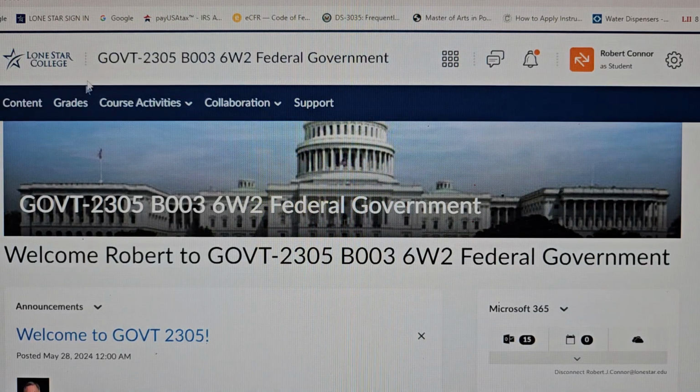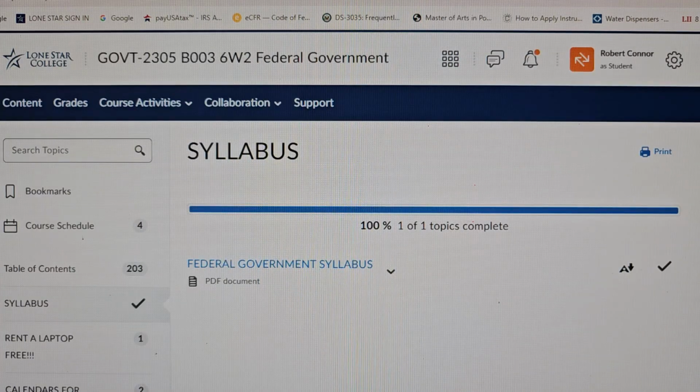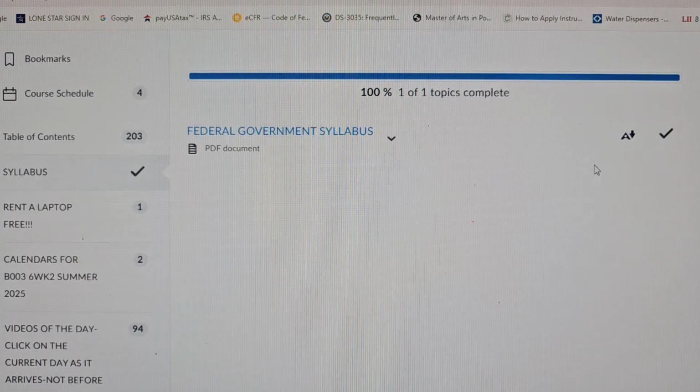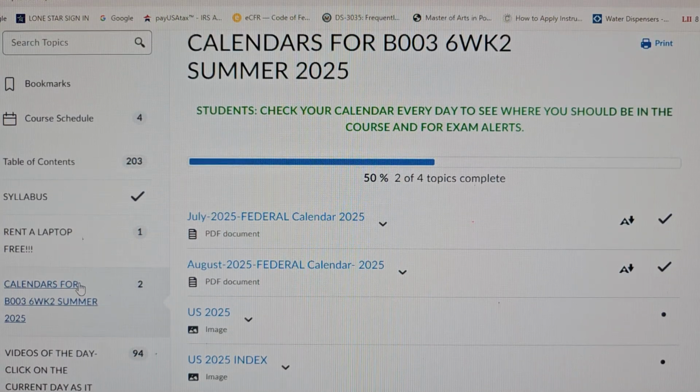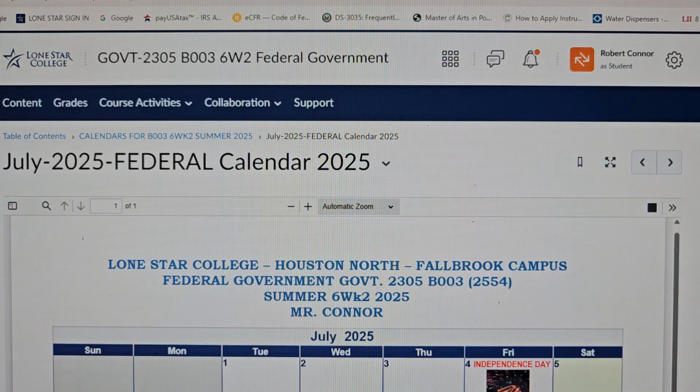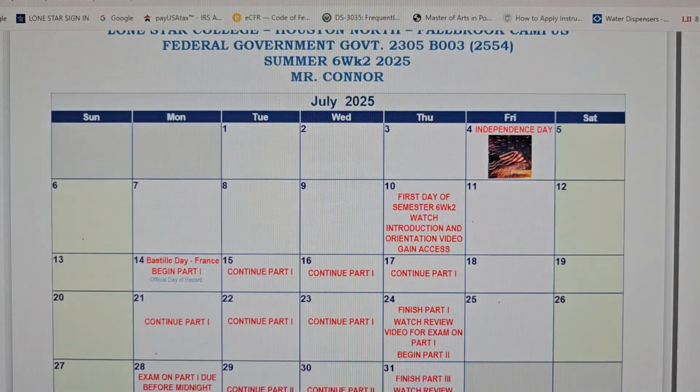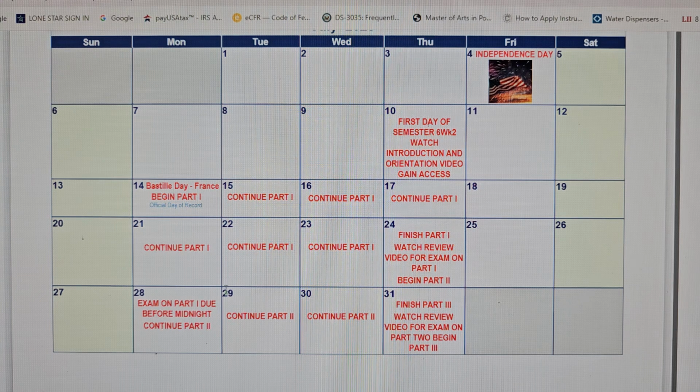Okay, another thing to pay a lot of attention to is your calendars. You have calendars. The course calendar for July shows you every day what is happening and what you should be doing every day. It also tells you when your exams are.